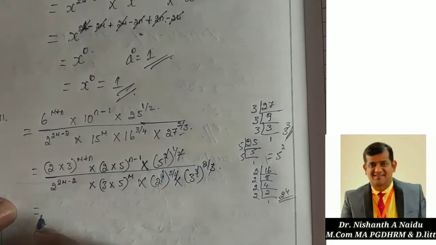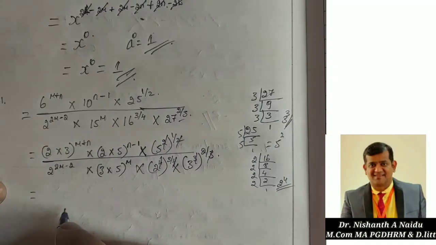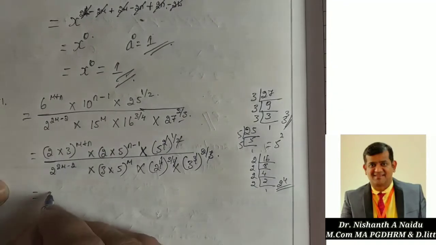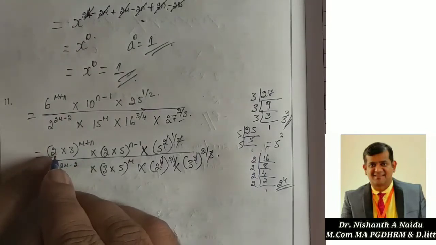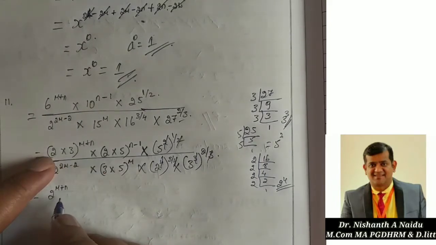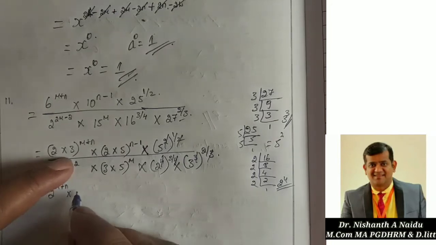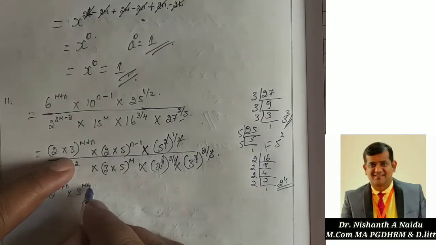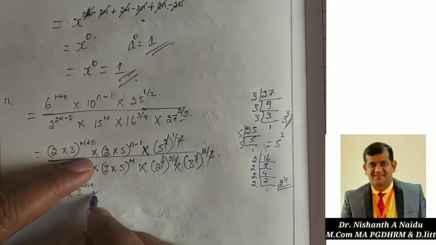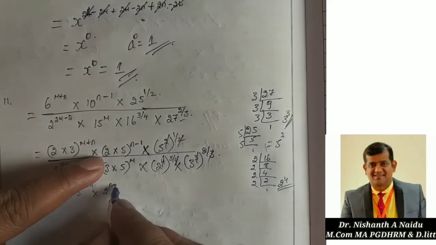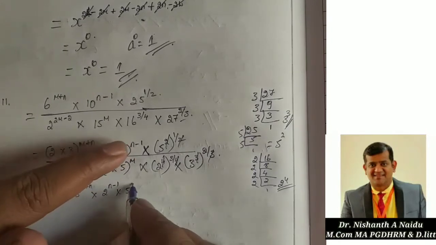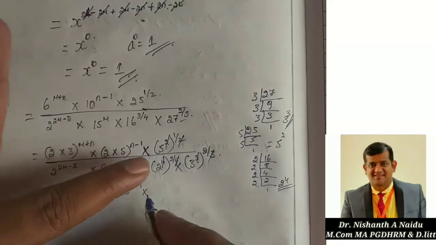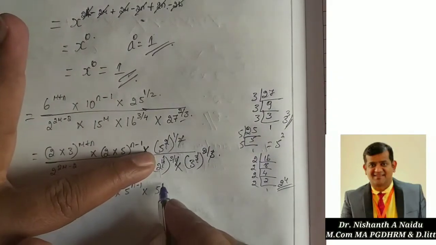So next let us make a simplification note for this. That is 2 to the power of m plus n, 2 to the power 2 into m plus 1, 2 to the power m plus n into 3 to the power m plus n into 2 to the power n minus 1 into 5 to the power n minus 1 into 5 to the power 1.